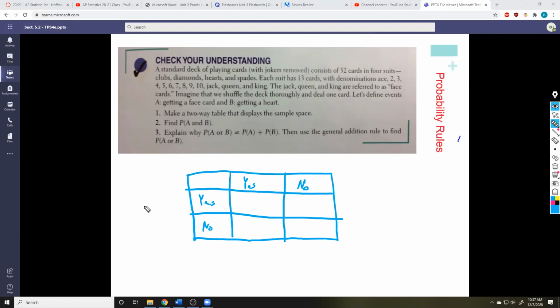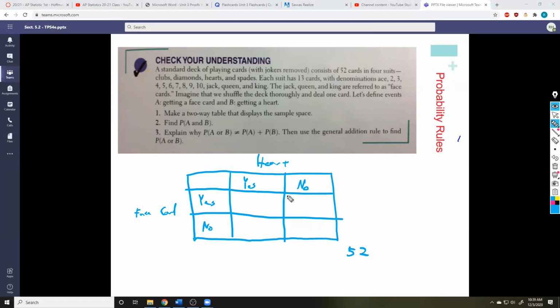So A is getting a face card, and B is getting a heart. How many of each are in the deck? Your totals down here should be 52. See if we can make that two-way table.